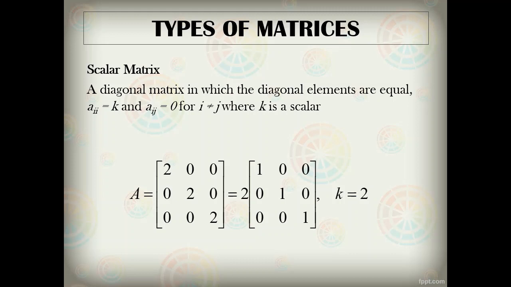Whenever your matrix is a diagonal matrix, but with all the elements equal, this is called scalar matrix. So just now, for example, you have matrix A with this.